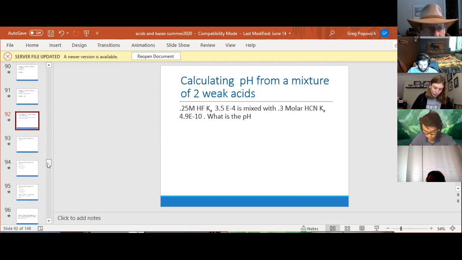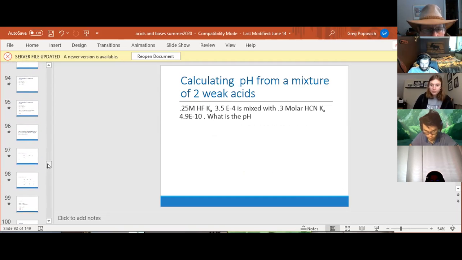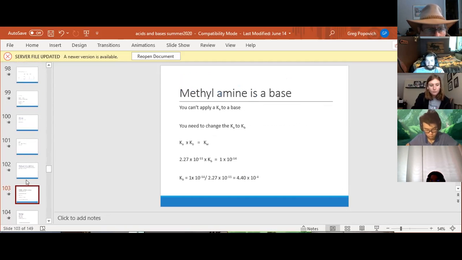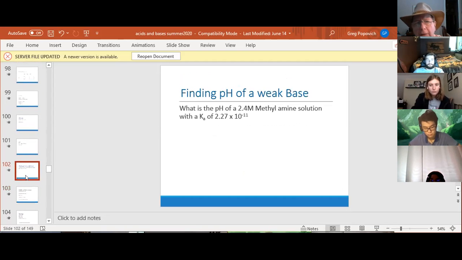I've talked about 2 weak acids, right? Jen is at least being honest. When you have a mixture of 2 weak acids, forget about the one that's weaker. Have I done the pH of a weak base where I give you the Ka?